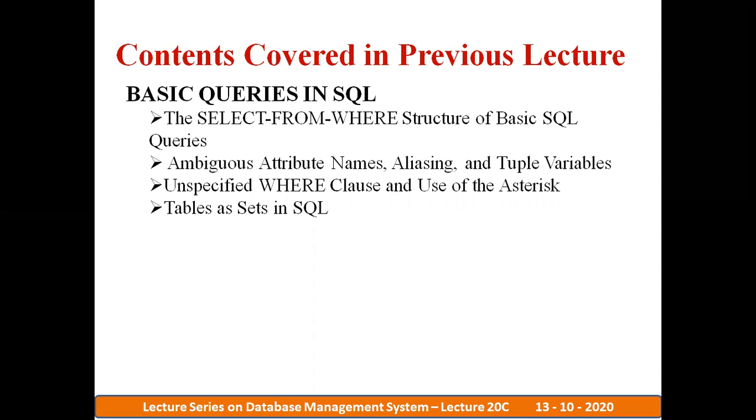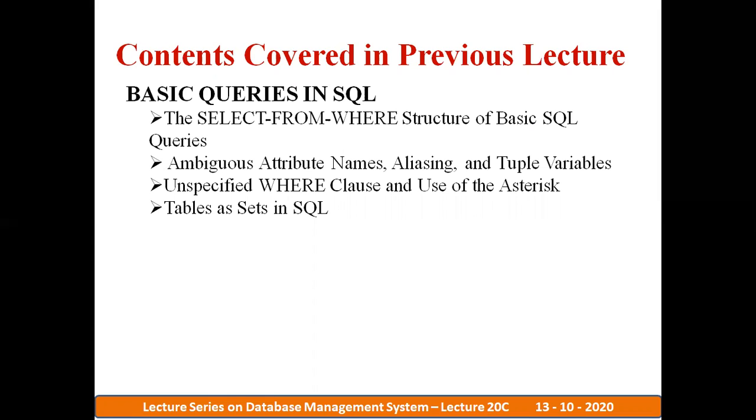Whenever there is the same name, it is always preferable that the attribute be prefixed with the table name. For example, if I'm using the name from the employee table, I should use employee dot name. That we call qualifying the attributes, which removes the ambiguity.